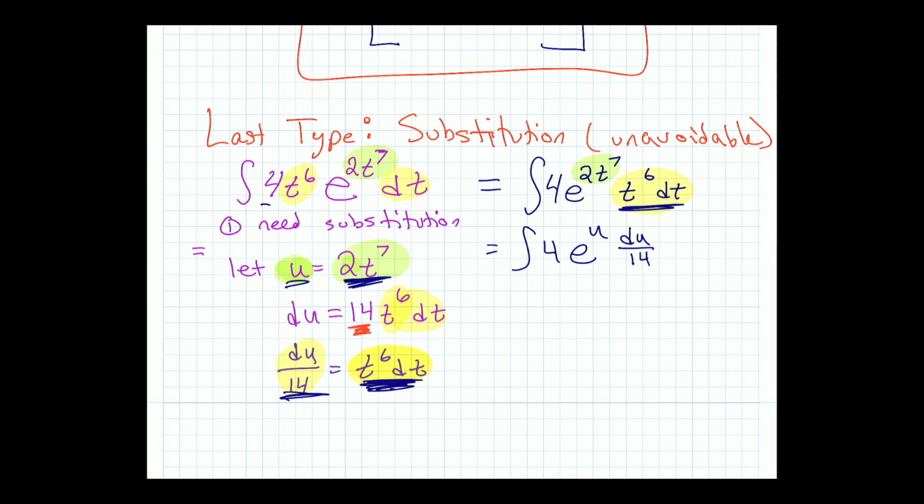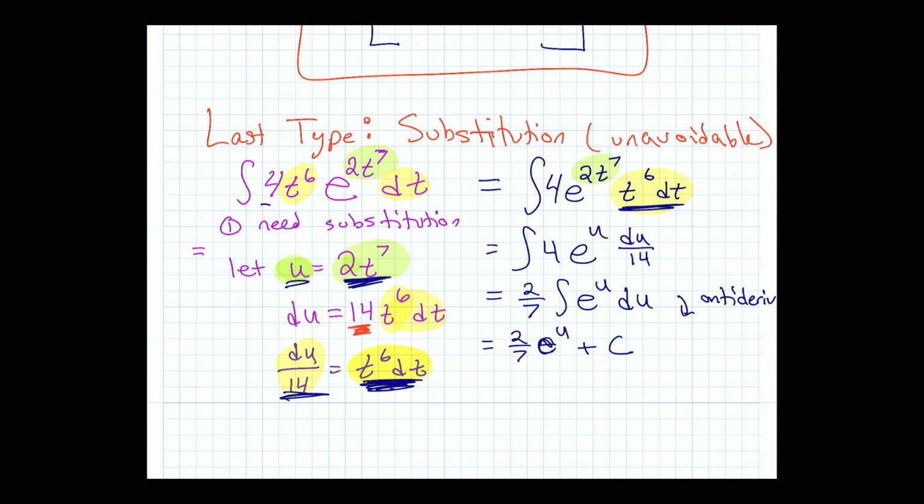So take the 4 and the 14 out as 2 over 7, and you have the integral of just e to the u du. Well, now you do your antiderivative. And it should be easy now, right? What is the antiderivative of e to the u? Just e to the u plus c.